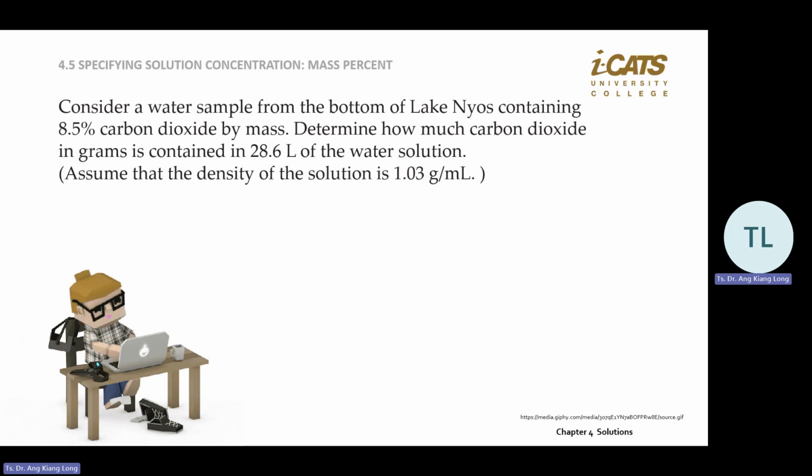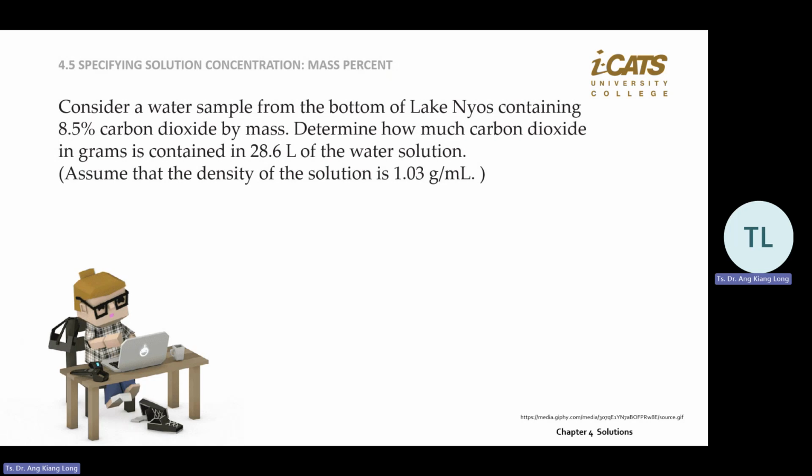You rearrange the equation. If you already passed your algebra or mathematics, I assume you already know this. You can write 1.03 times 10 to the power 3 grams per liter. Now, when you come to Chemistry 2, I assume you already have passed all the maths, so this should be no issue for you. So first is conversion of all the units into the ones that you can use.